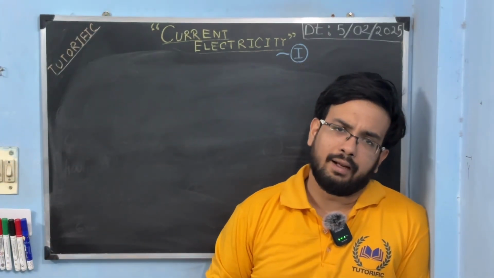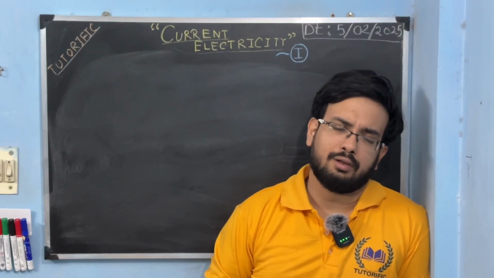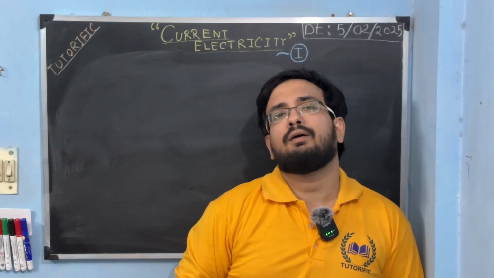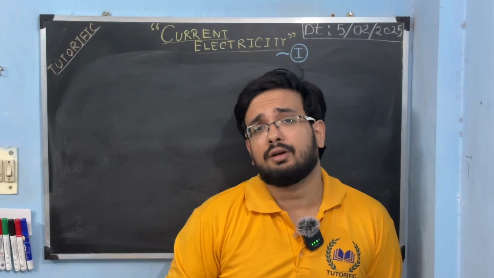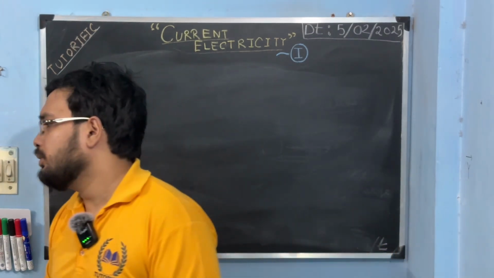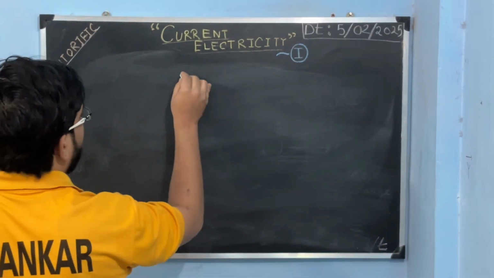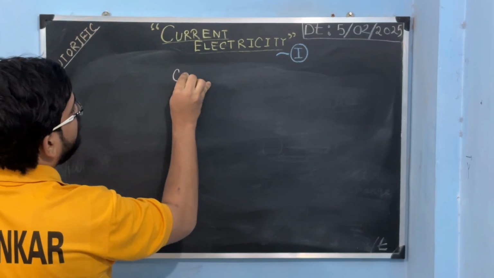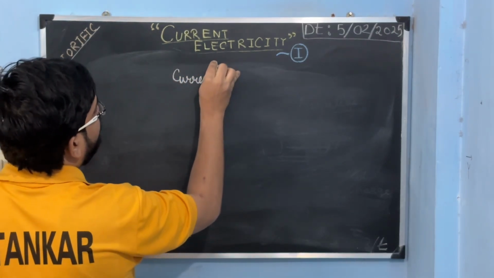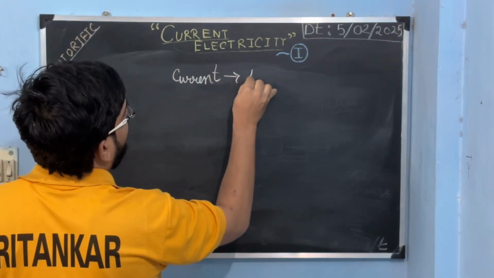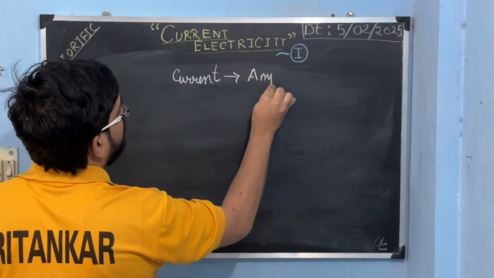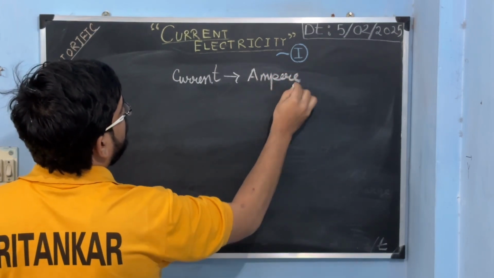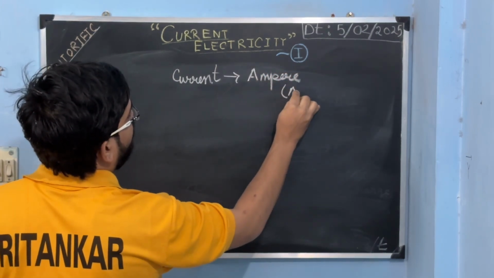Now we know that a scientist named Ampere played a pivotal role in the discovery of current. So, the unit of current I was named Ampere, in short written as amp.